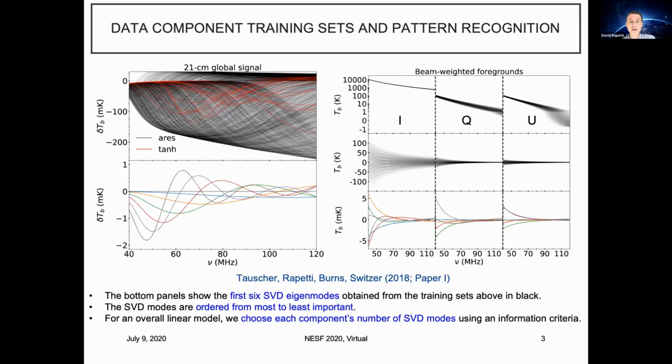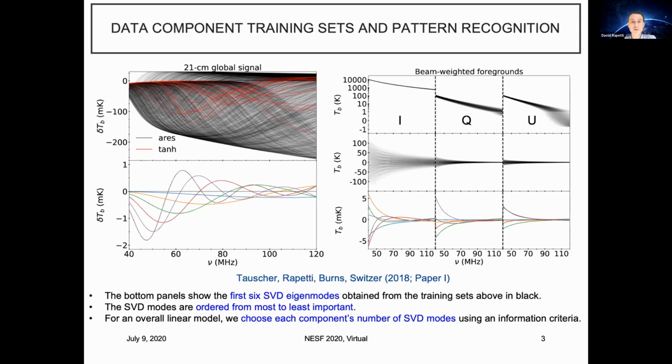And not only polarization, but also the foreground changes in time, which the signal does not. So this time dependence can also be captured by our pipeline. You can see more on that on the Keith Tauscher poster in tomorrow's session. So we can use this pipeline to separate these two components very powerfully.